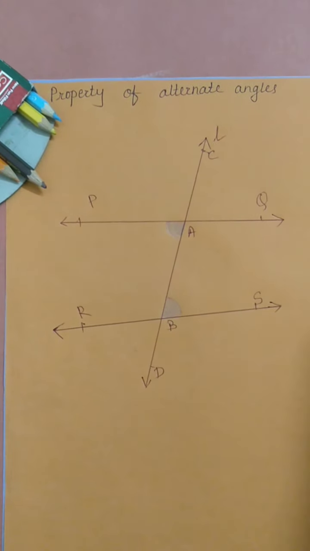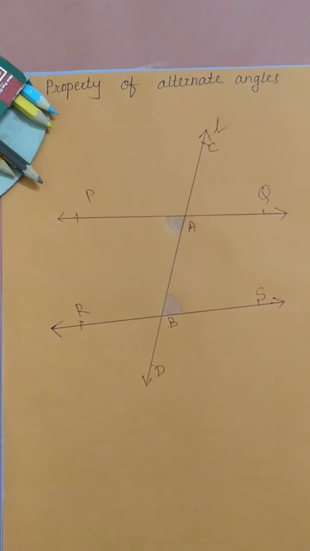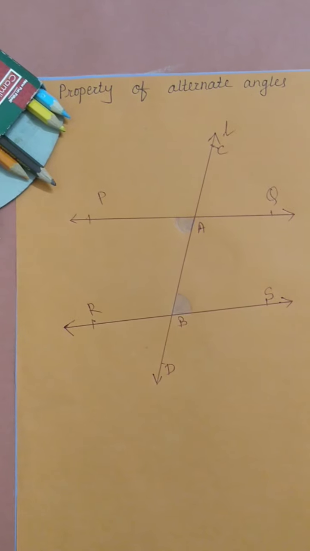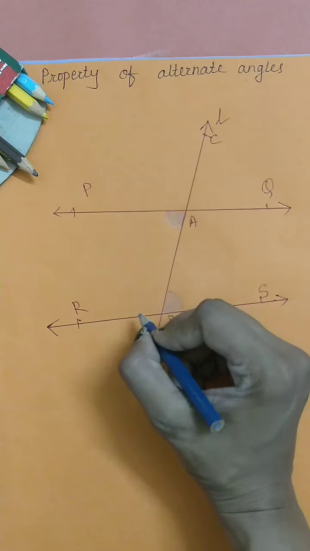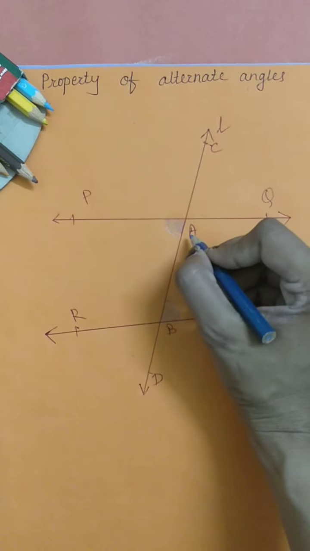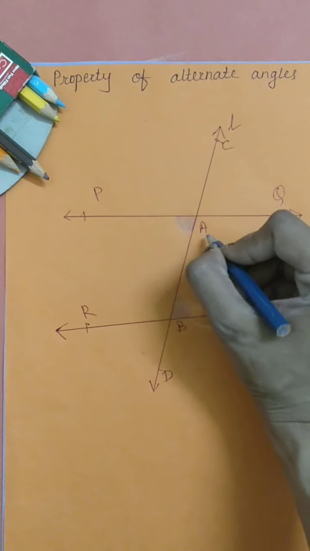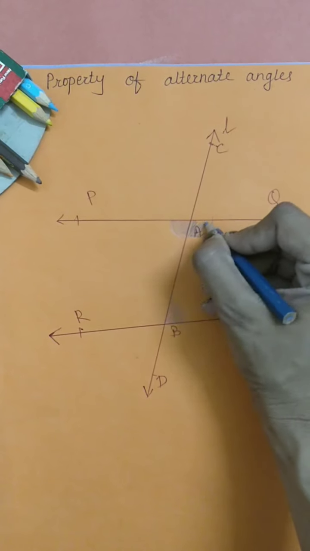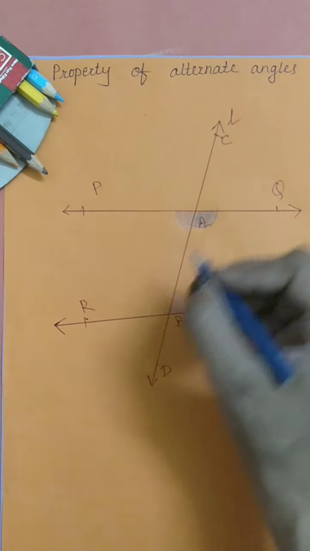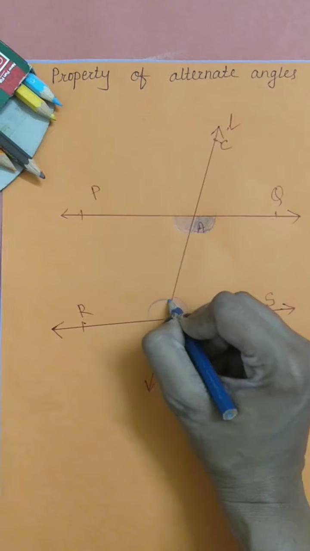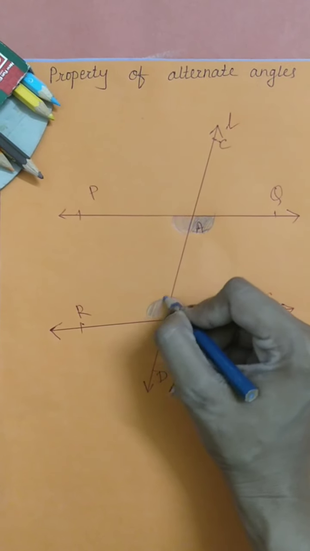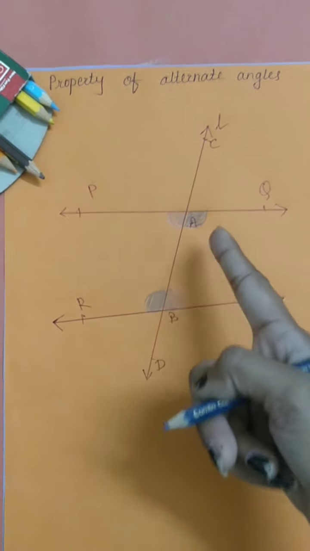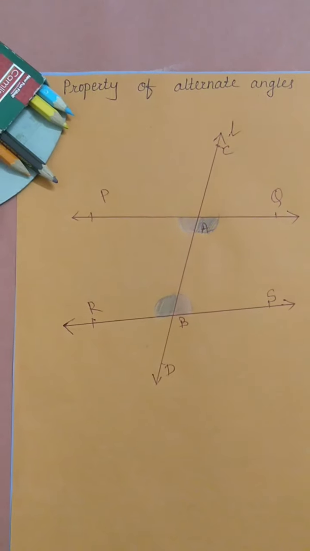Okay, so this was the first pair, and for the second pair we are going to use this blue color. So we are talking about interior angles. Yes, so then we have this one more pair here. We are going to have only 2 pairs of alternate interior angles.